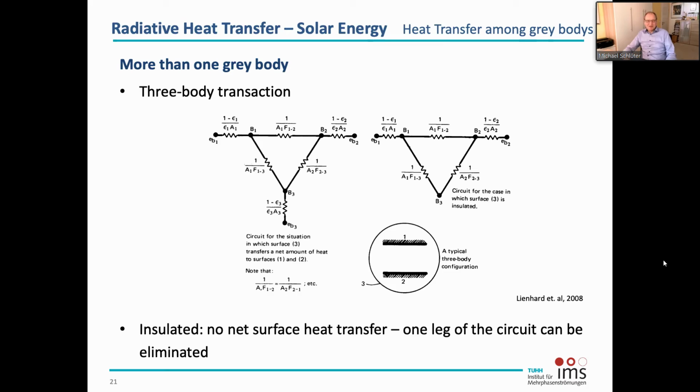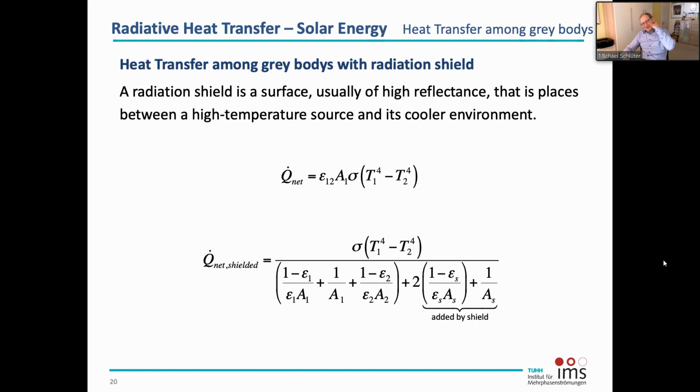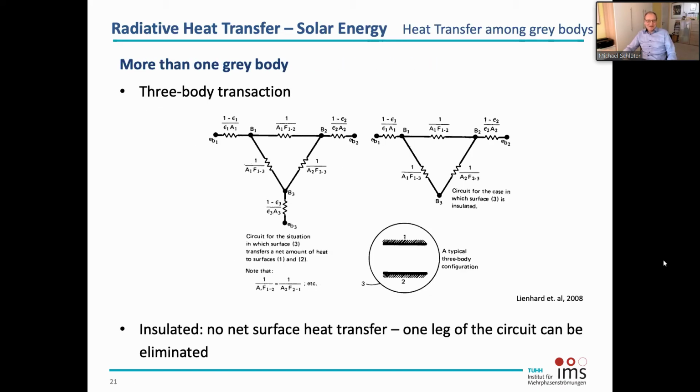Probably you will not have too much to do with that during your professional career. But you should know that radiation is treated in a different way than convection or diffusion, and that it's not easier, despite the fact that one thinks radiation should not be too complicated.